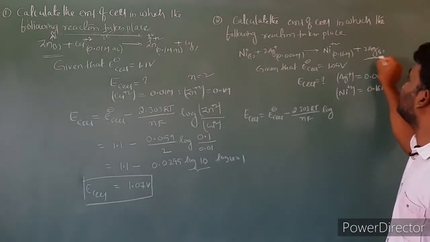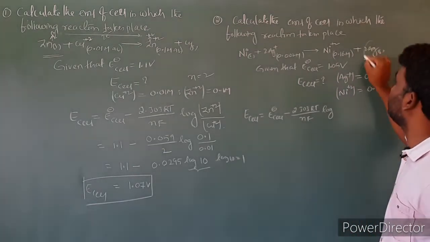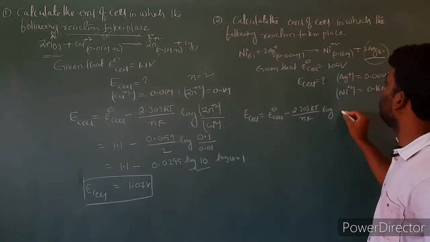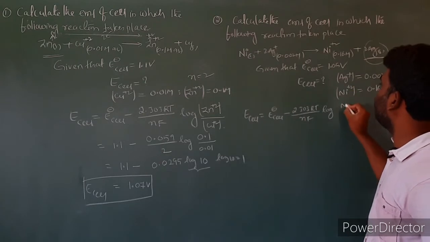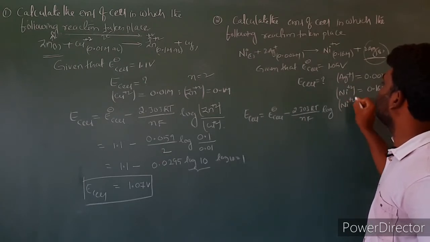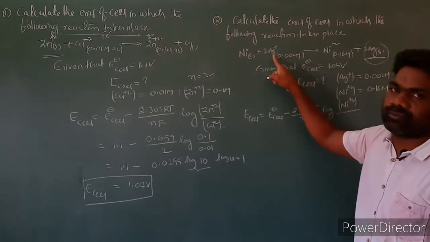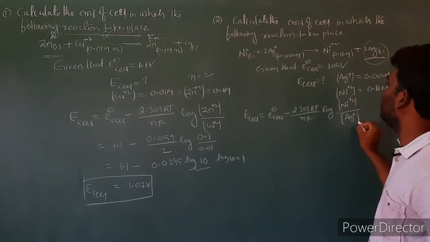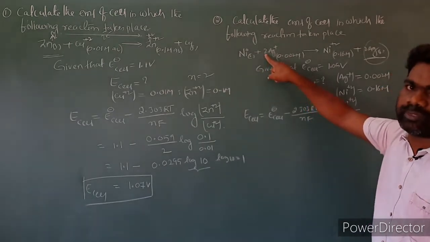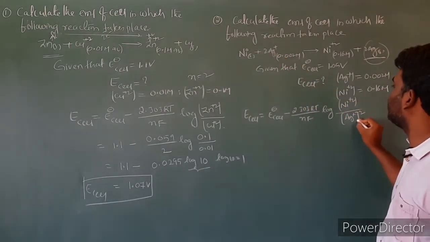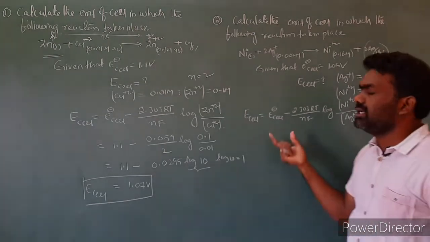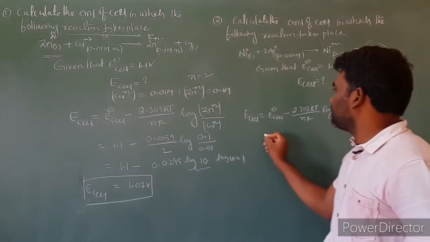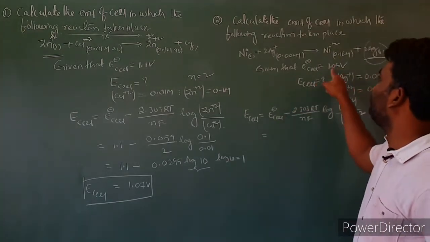Here silver is a solid, so its concentration is taken as unity, we are taking it as 1. And here the product is Ni²⁺, the concentration of Ni²⁺, by the concentration of reactant, Ag⁺. Here 2 is the number of moles mentioned, so take the concentration to the power 2. So this is the Nernst equation for this cell reaction. Then we have to substitute the values. E standard cell is given as 1.05.